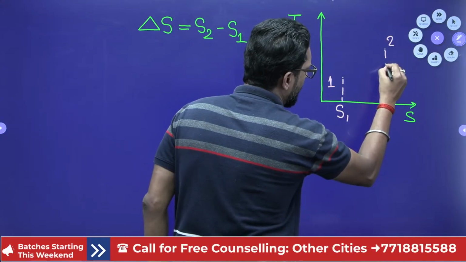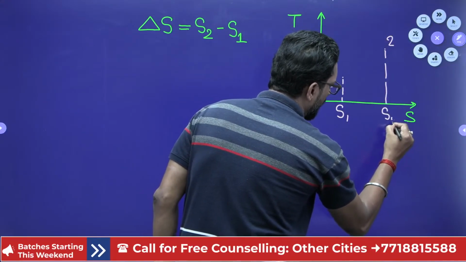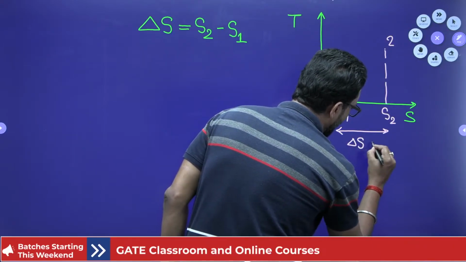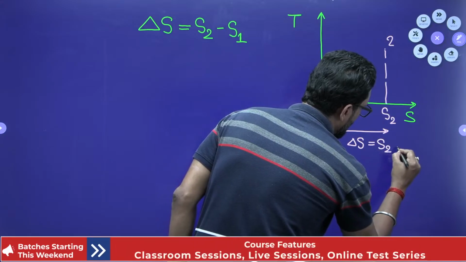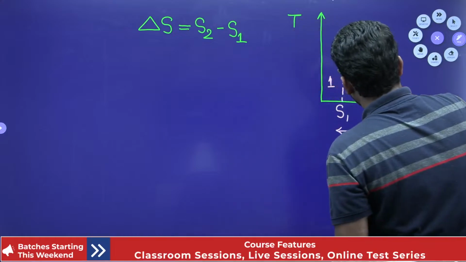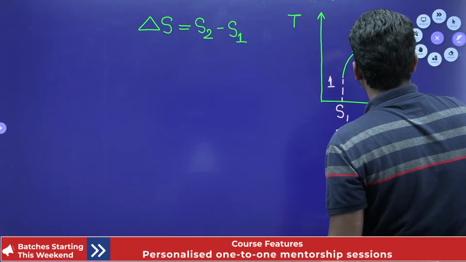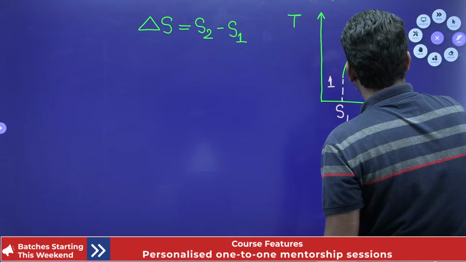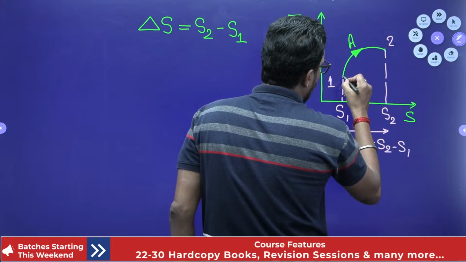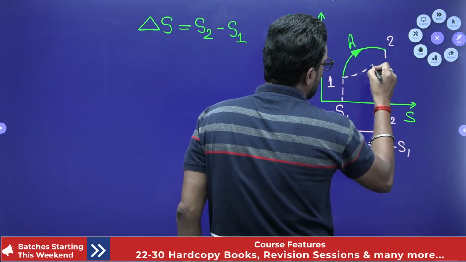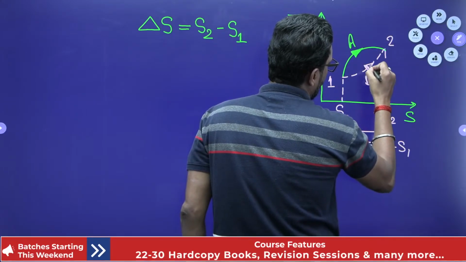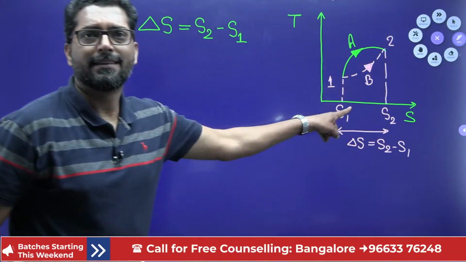At point number 2, entropy is fixed, S2. And their change, delta S equal to S2 minus S1, is fixed for any process. From here you can join reversible A, and you can join irreversible B. This is your reversible and this is your irreversible process.